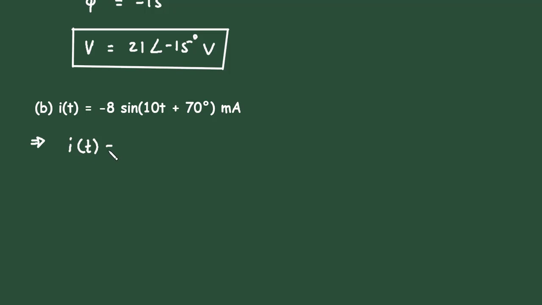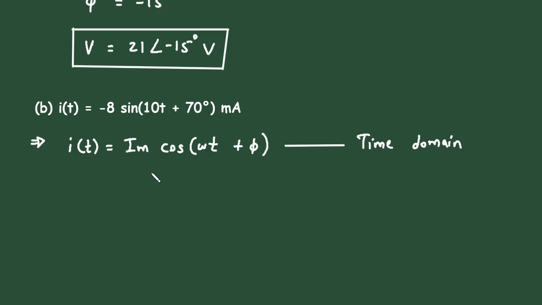The standard equation is i(t) = Im cos(omega t + phi). Again this is in time domain format. And in phasor domain it will be capital I = Im at an angle phi. This is called phasor domain.